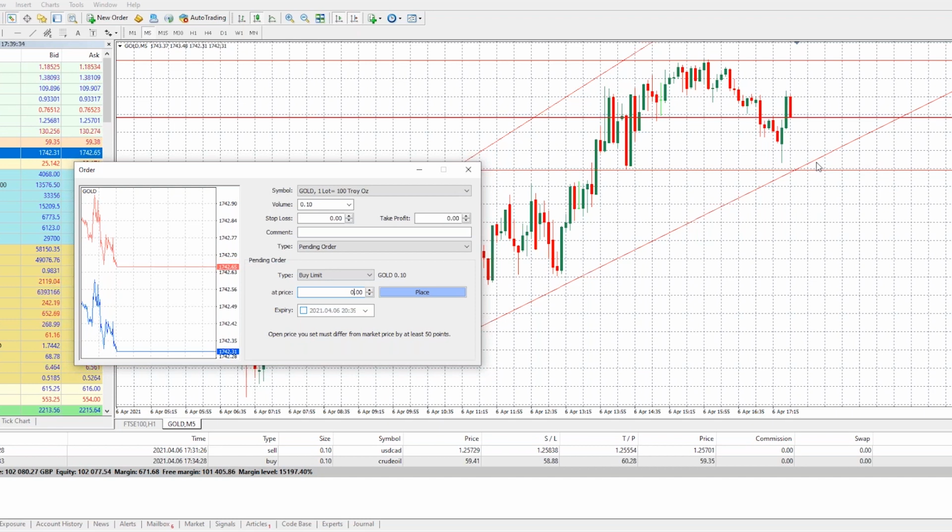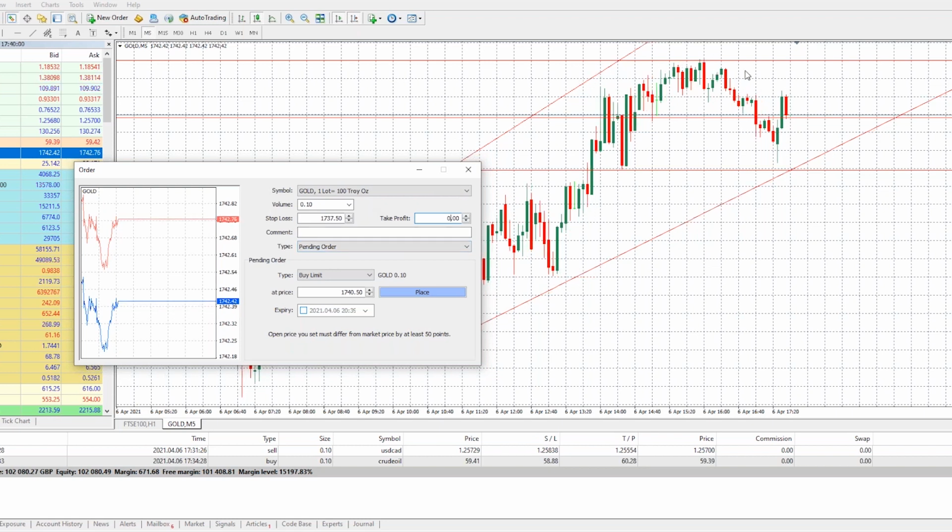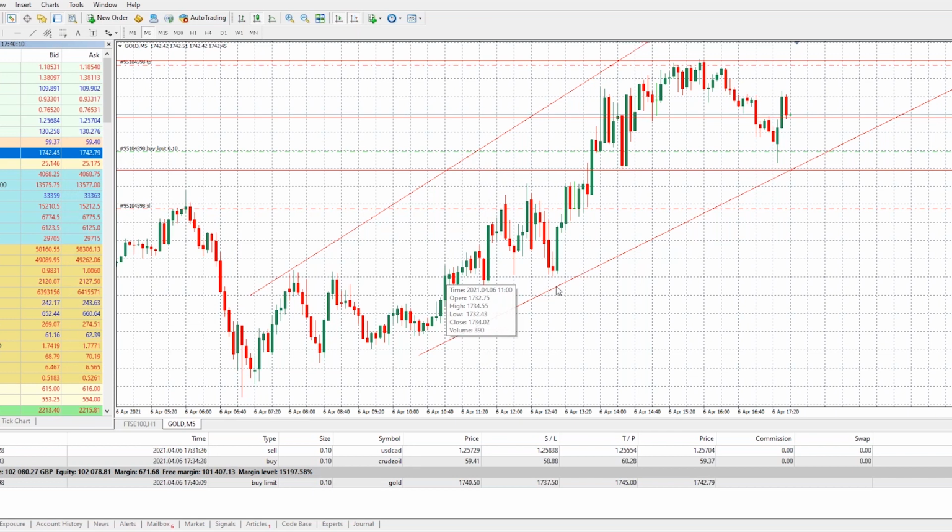So if I say 1740.5, okay, and stop loss below the support, maybe 1737.5. And take profit back up at the resistance today, maybe 1745. Just a little scalping move, prepared pending order.